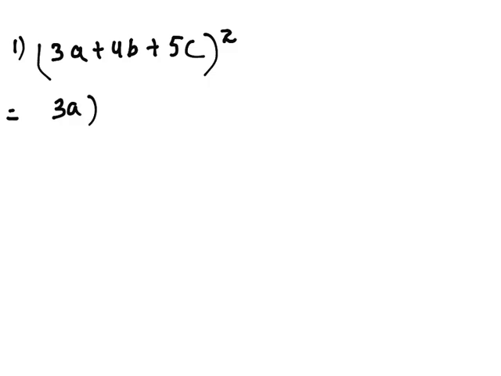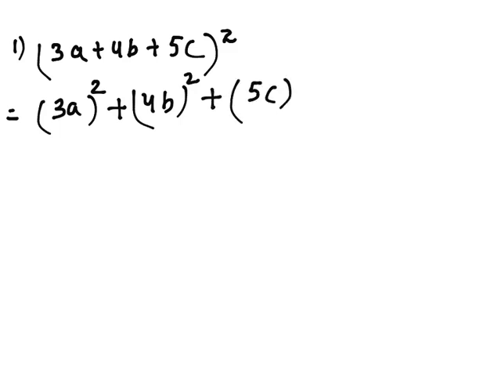First example, we have to expand (3a + 4b + 5c) whole square. So we will use the identity (a + b + c) whole square. So how can we write it? We can write it as (3a)² + (4b)² + (5c)².